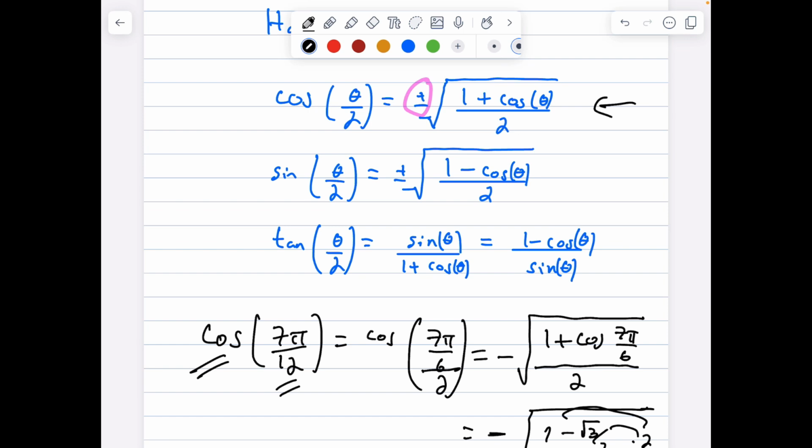From there, the hard part is usually just finding the angle that you're taking half of to find the angle that you're finding the trig function of, and then plugging that angle in. And then the second difficulty arises from figuring out the sign. And how do you do that? You look at the trig function and the quadrant the original angle is in, and there you go.